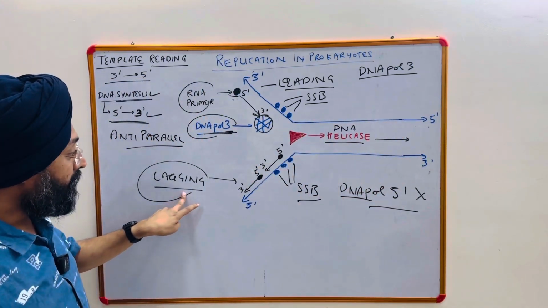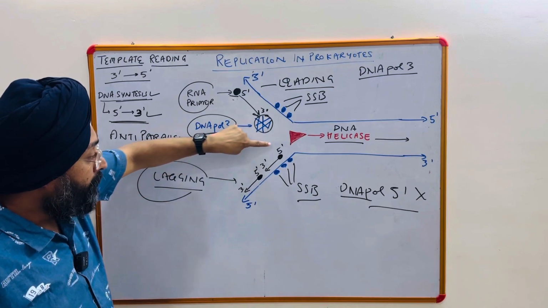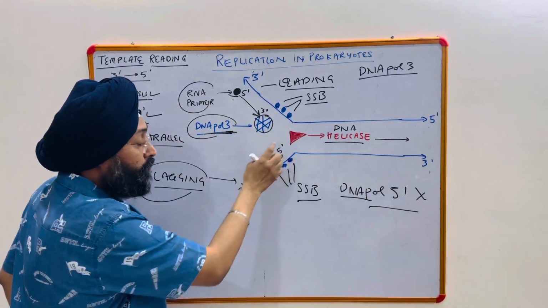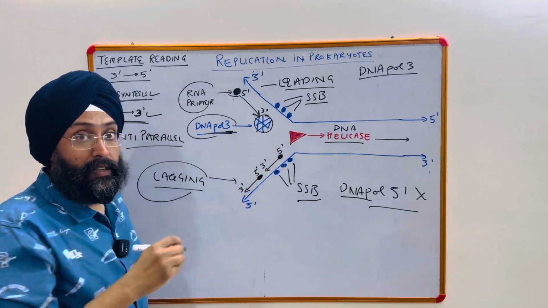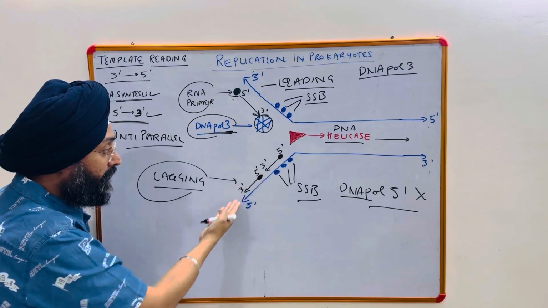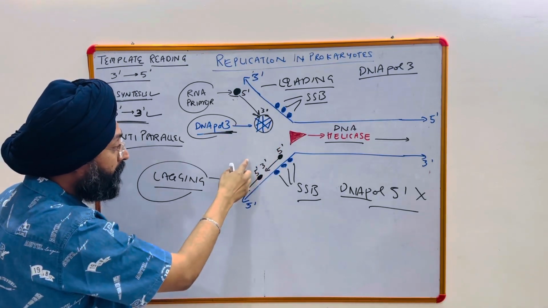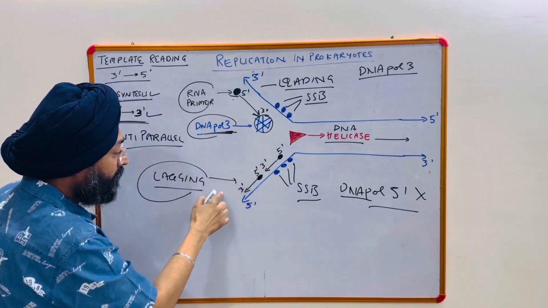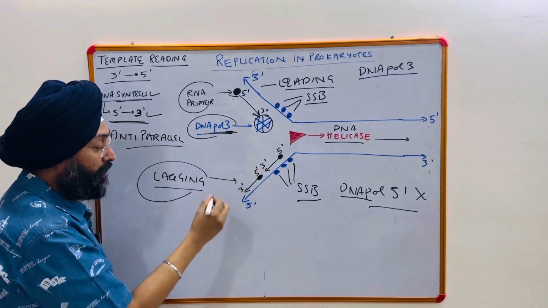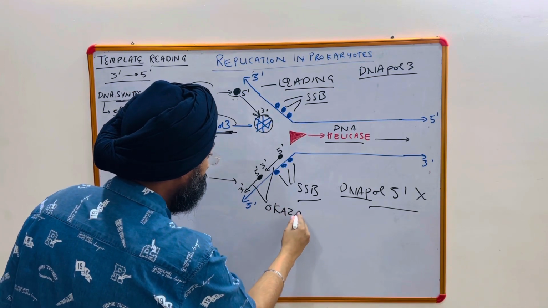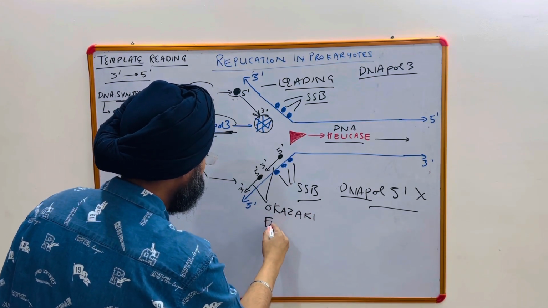In the case of the lagging strand, synthesis takes place in 5 prime to 3 prime away from the replication fork, because you cannot add nucleotides on the 5 prime side. So it accommodates by synthesizing in small fragments. These fragments are known as Okazaki fragments, right?